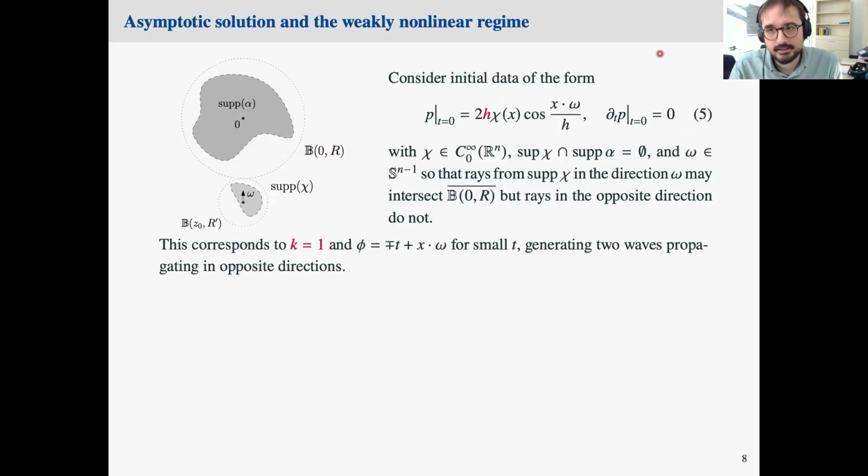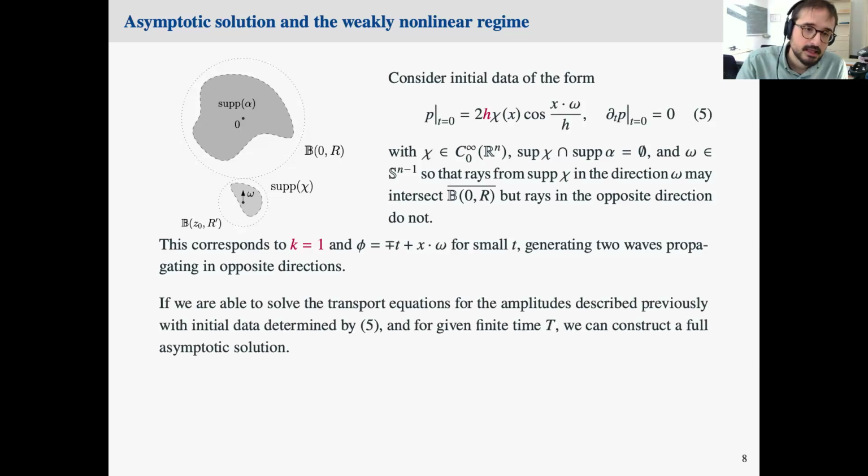And so once we choose our data like that, we get two waves propagating in opposite directions. And if we're able to solve the transport equations that we described in the previous slide, then we can construct a full asymptotic solution. So essentially the only possible problem is the first one.